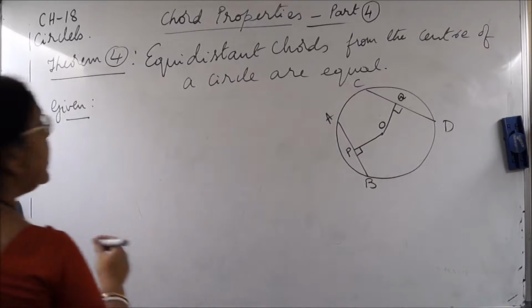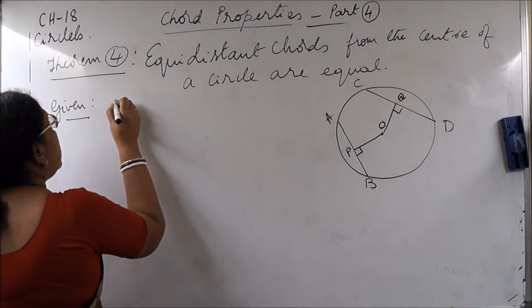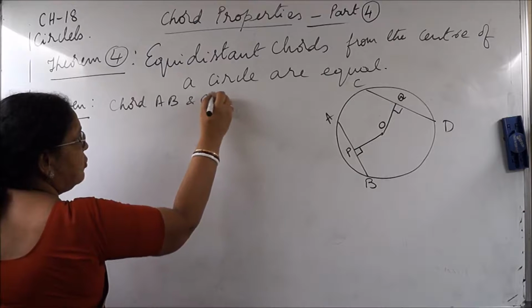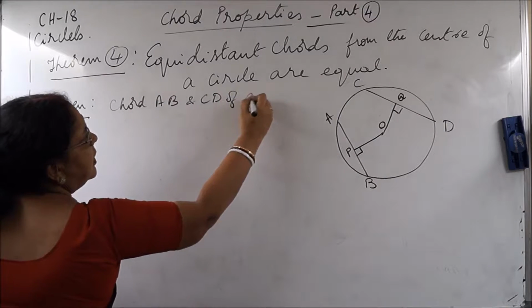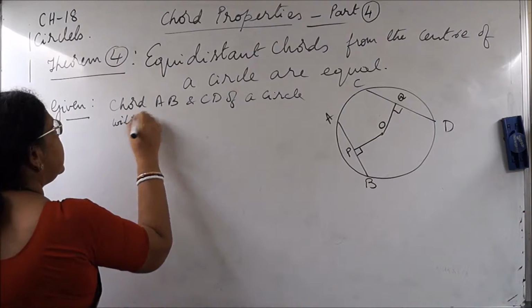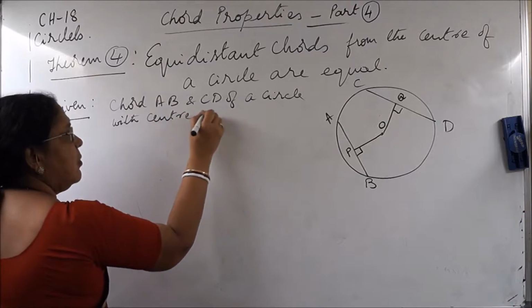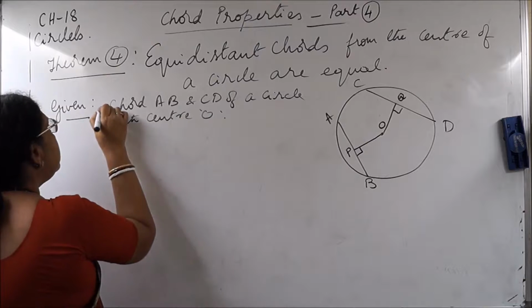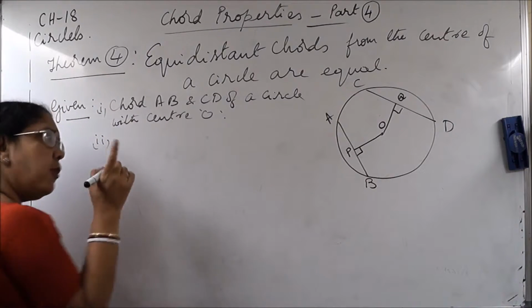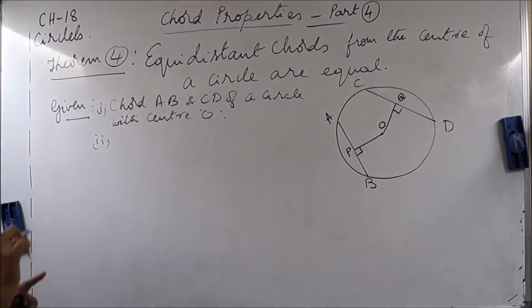Given chords AB and CD of a circle with center O. Also we know that OP is equal to OQ, and OP is perpendicular to AB and OQ is perpendicular to CD.